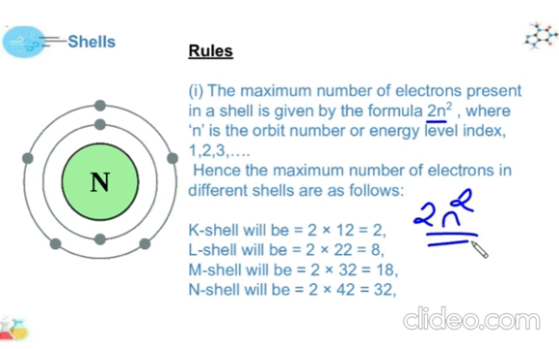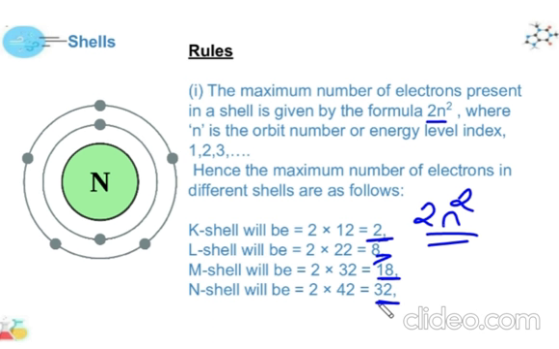What is n? n is the orbit number or energy level index, like 1, 2, 3, and so on. So in the K shell we can put only 2 electrons, L shell 8, M shell 18, and N shell 32. You can imagine it as a restaurant: if the K floor is full, you will send people to the L floor.